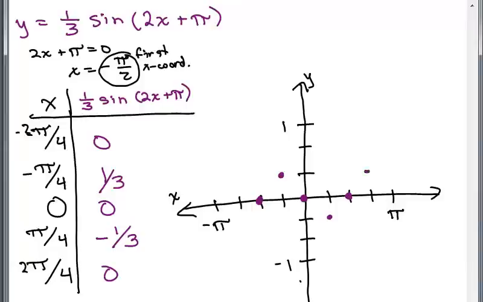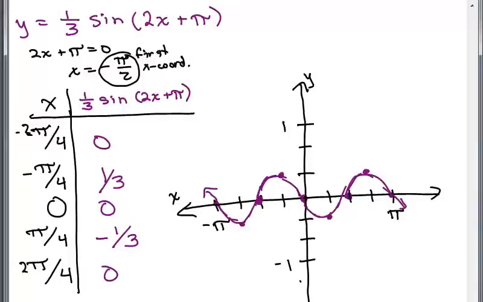Now if I keep going, I could also do these points, and there we go. Sketching our sine curve, and make sure we put arrows at the end. All right, so there we are. Y equals 1/3 sine of 2x plus pi.